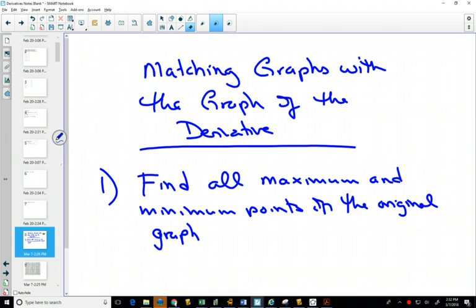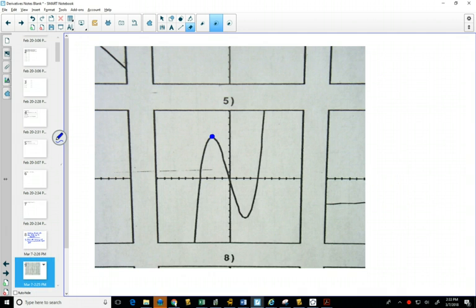but if we start with all maximum and minimum points on our original graph, so on this one I have a local maximum there and a local minimum there. We're going to learn that we're going to use local because it is a minimum in its area, but it's not necessarily the absolute minimum of this function, because this function does continue down forever.